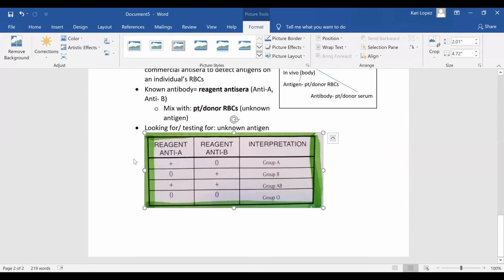So if you have a positive for anti-A and negative for anti-B, it's going to be group A. Negative for anti-A and positive for anti-B is going to be group B. And then positive for both A and B is going to be a mix of both A and B cells, so they will be group AB. And then if you are negative for reagent anti-A and anti-B, then you will have group O cells.